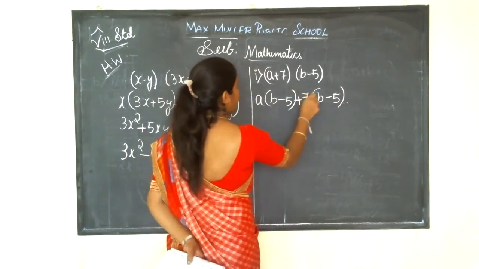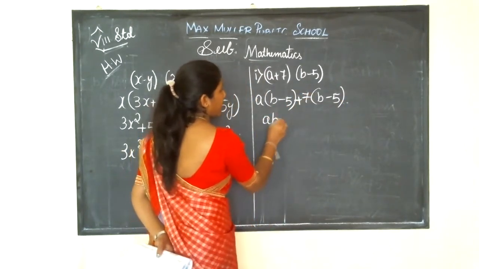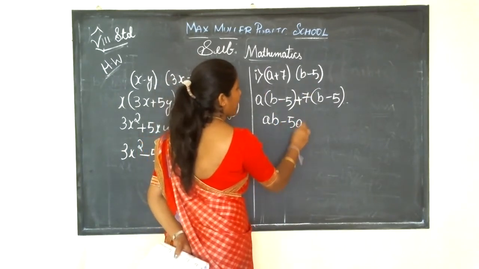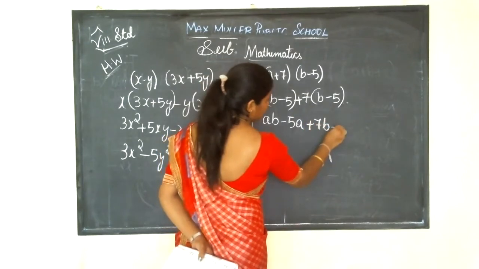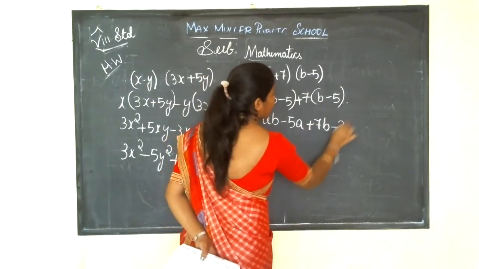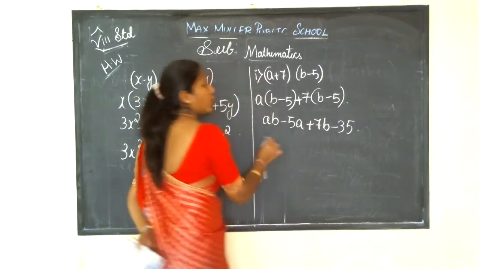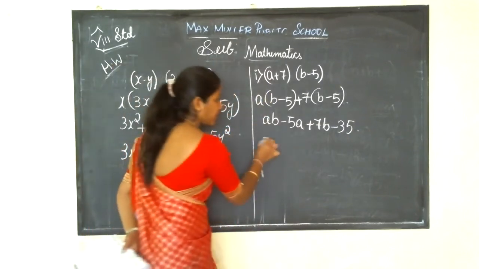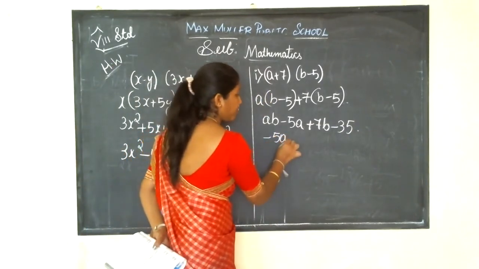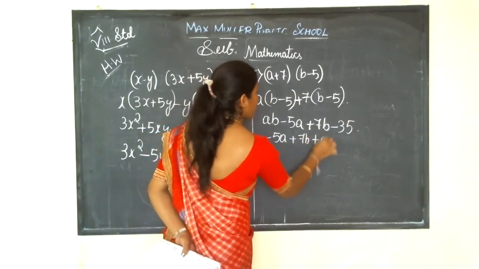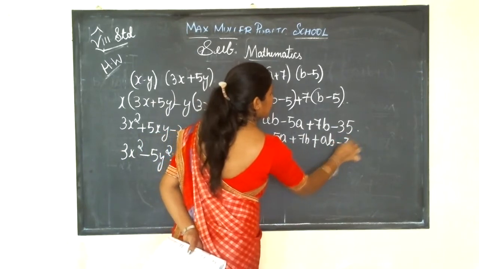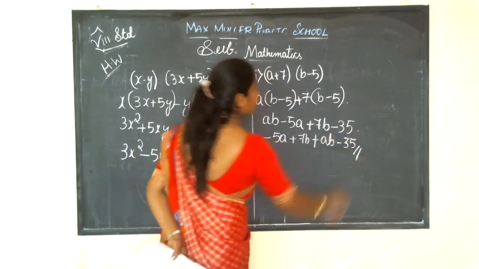A plus 7, ab minus 5a plus 7b plus into minus, minus 5 7s are 35. So there are no like terms, but you have to write it. Minus 5a plus 7b plus ab minus 35.